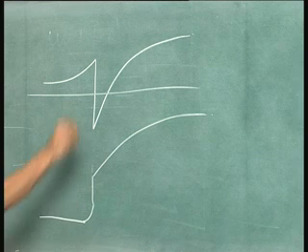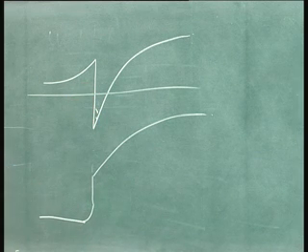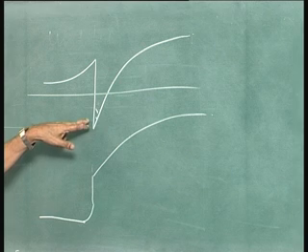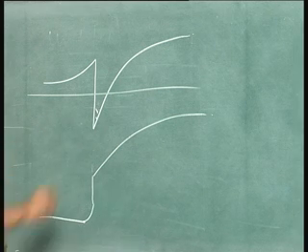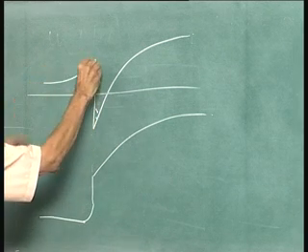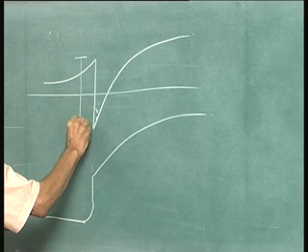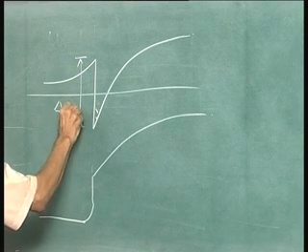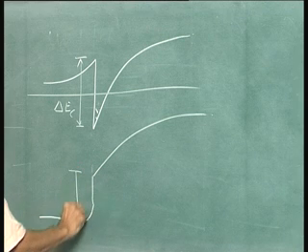Okay. Now, what I am trying to point out is this is delta E c, and this is delta E v. Sorry, redrawing it here so that it becomes clearer to you.